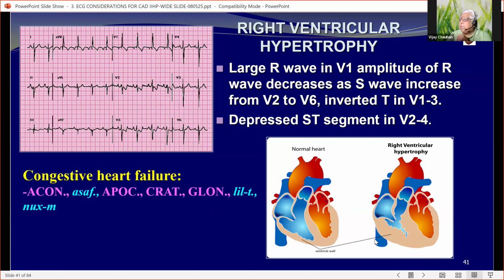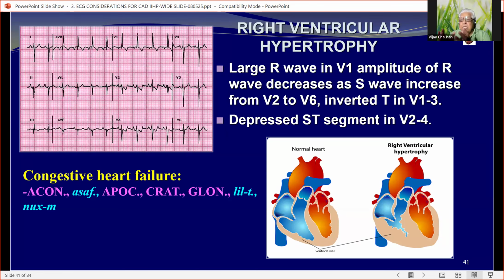And even in congestive cardiac failure, initially there will be hypertrophy, and failure means a later stage when there will be dilatation. Initially the muscle mass builds up, and the muscle mass requires a lot of nutrition and blood supply, but it is not sustained for a long time.